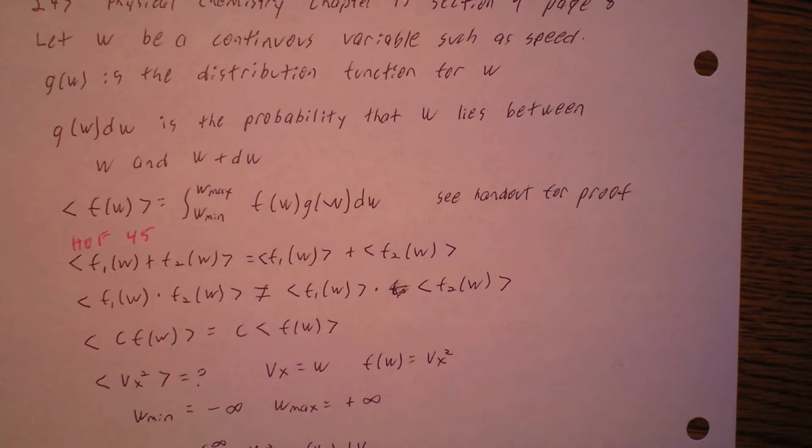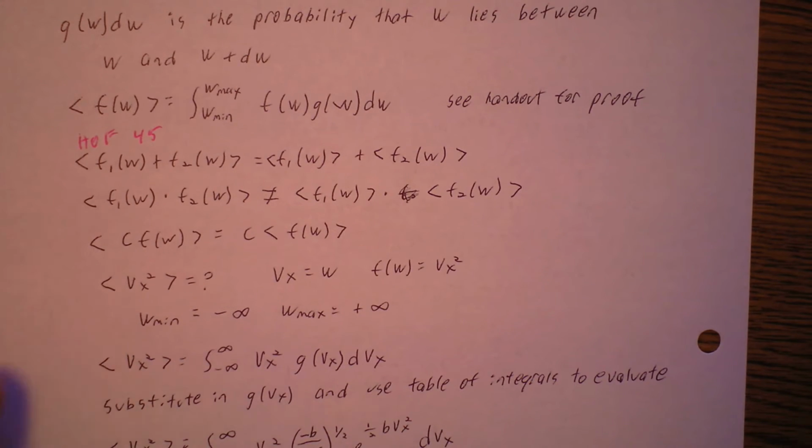We can also say that if you have an average of c times f of w, you'll still end up with c times the average of f of w. So these are just some rules of mathematics for working with this probability distribution function. So, let's see, where were we?